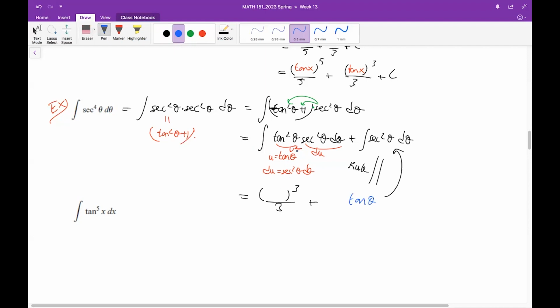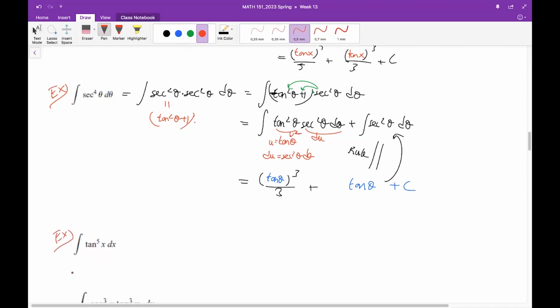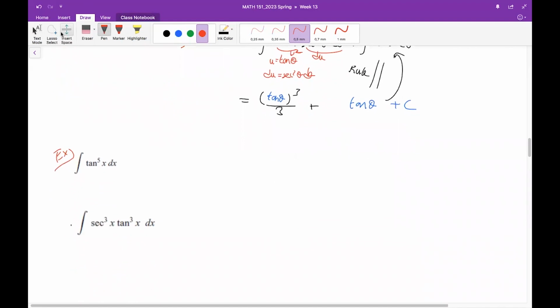So u square du is integrated as u cubed over 3, where u is tangent theta. So this is your result then, with this arbitrary constant c, because it is an indefinite integral. Be careful. Is that okay? Can I move to the next example now? I guess no questions, right?